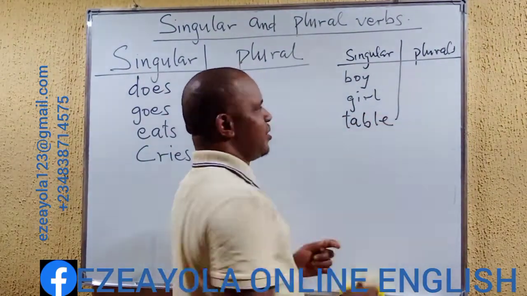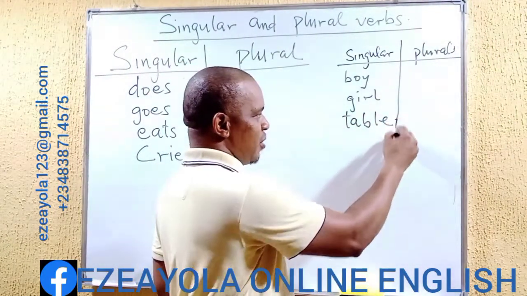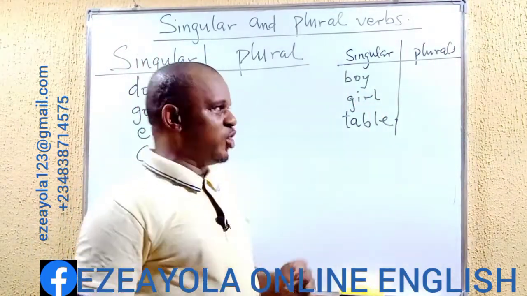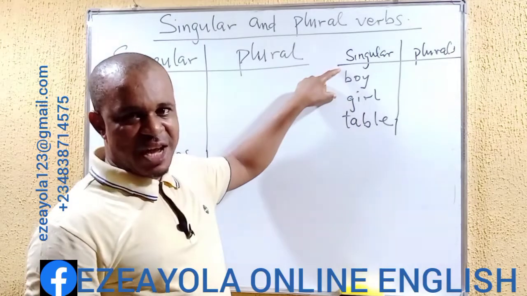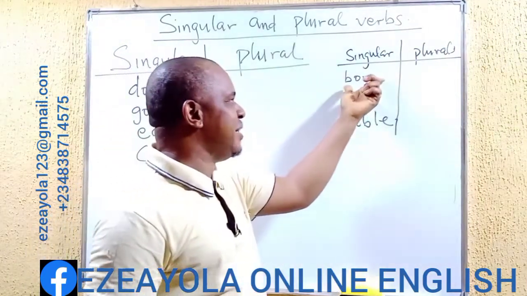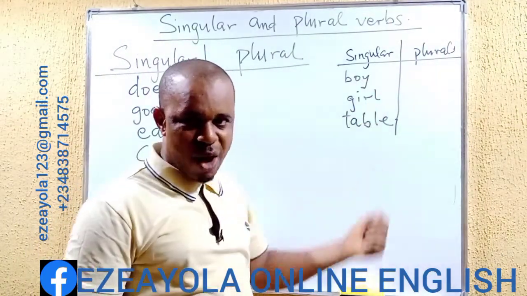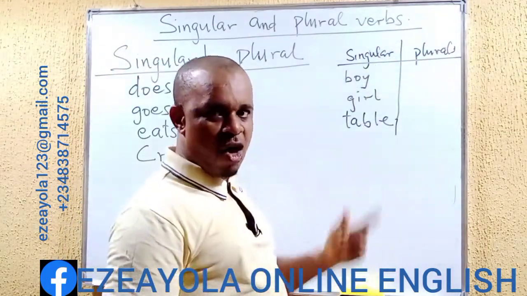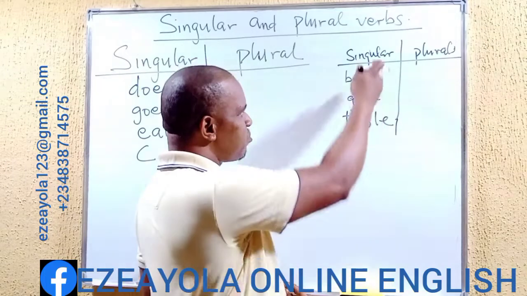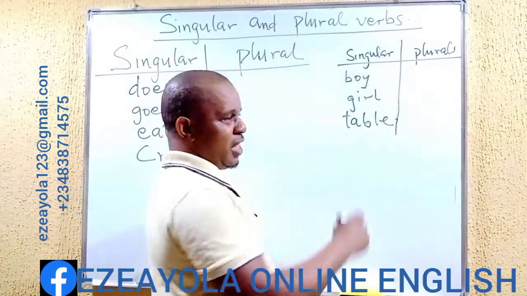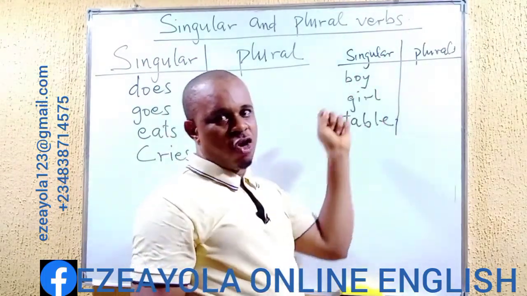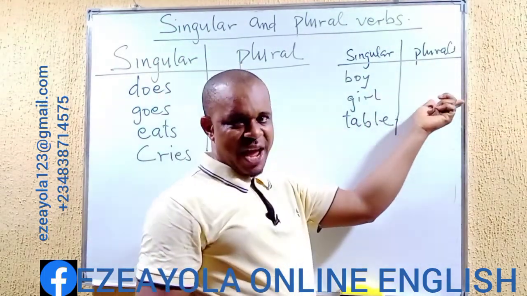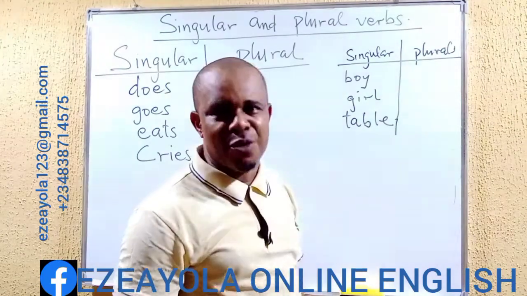We have something like this on the board. If this were an assignment given to a child, already the teacher has succeeded writing these names, which are nouns, in their singular form. In a tabular manner of presentation, the boy, the girl, the table appear under the column of the singular. Now, the teacher expects the child to put them in their plurals.